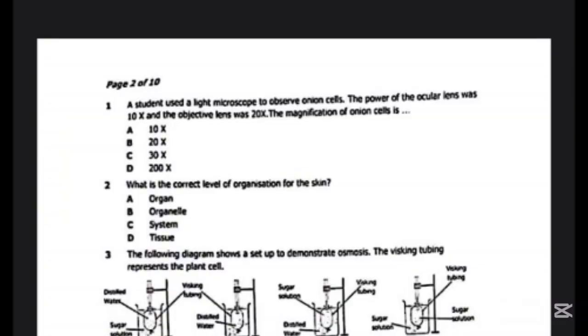Here, what you need to know is just the magnification formula. What is the magnification formula? You multiply the ocular lens times the objective lens.